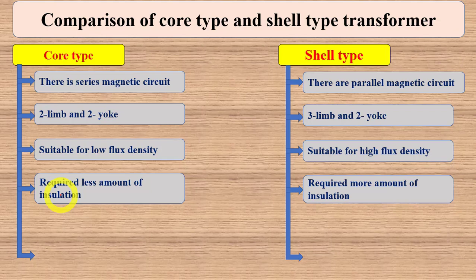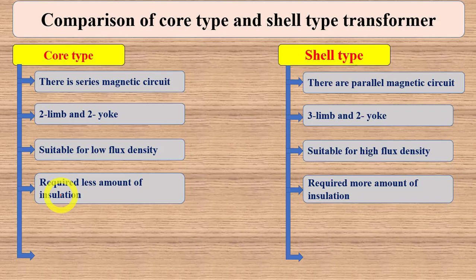So a shell type transformer is suitable for low power application, and a core type transformer is suitable for high power application because insulation is the main concern during the design of a transformer. So all power transformers are designed core type, and all electronics usage transformers are shell type, like a radio, television.